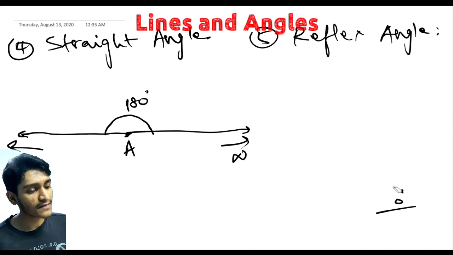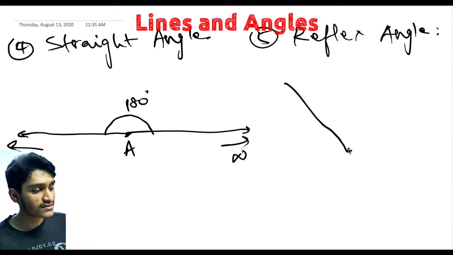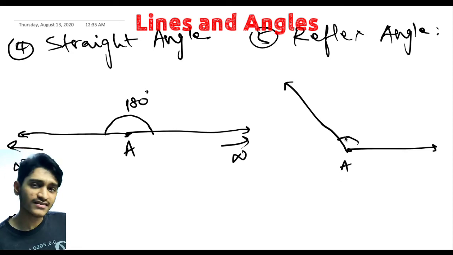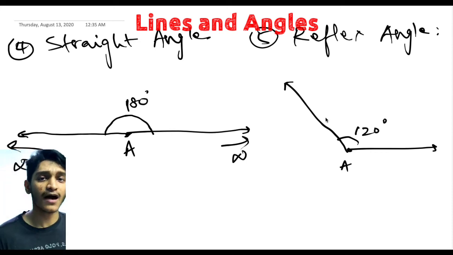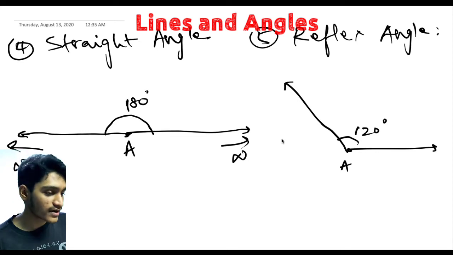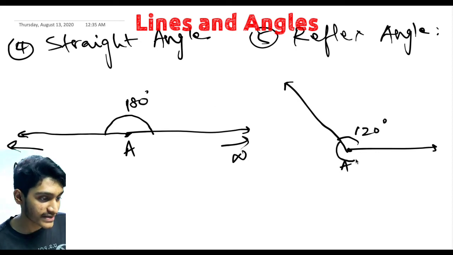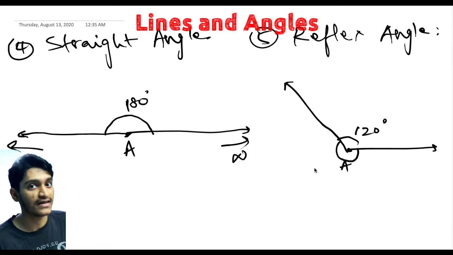Now if I plot something like this, if I have two rays in such a manner, what do you call this type of arrangement? Well, if this angle seems to be an obtuse angle, since if I get a value of 120 degrees or something like that, then this seems to be my obtuse angle. Now what is the reflex angle of this obtuse angle? As I already said, this measurement, the other-sided measurement of your original measurement, is called the reflex angle.